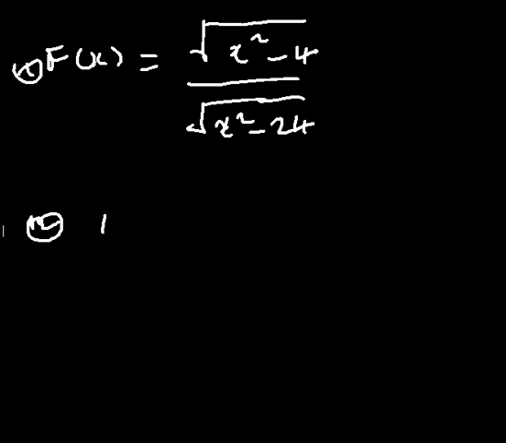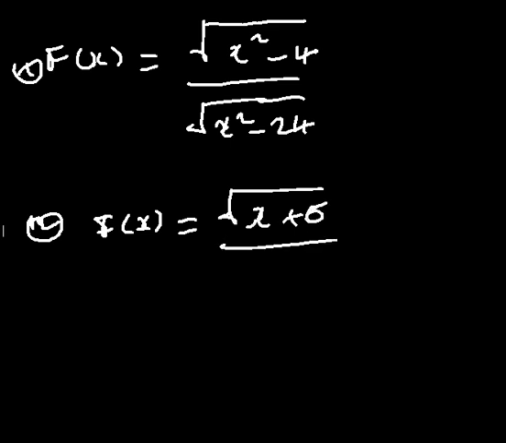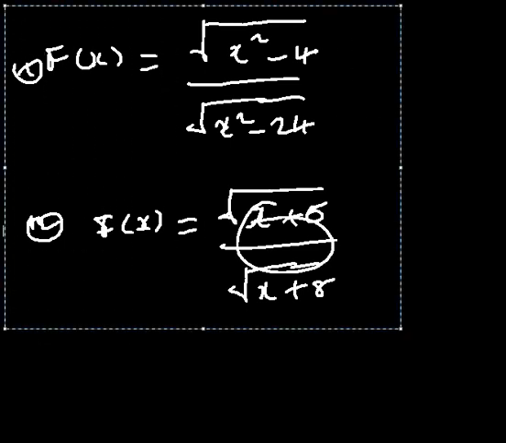And also try this: f of x equal to the square root of x plus 6, divided by the square root of x plus 8. Try to understand that at your own time. So that's how you should understand that.